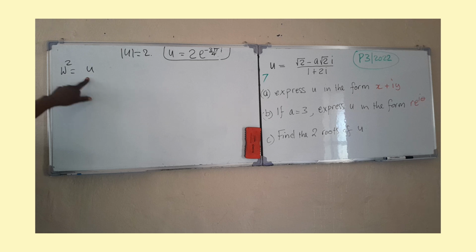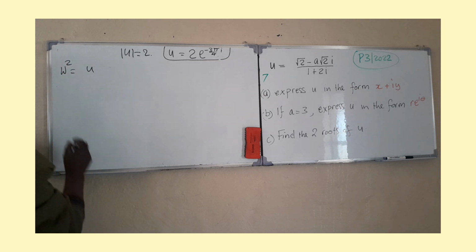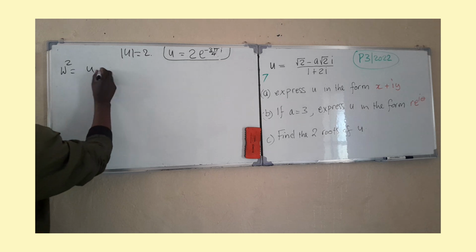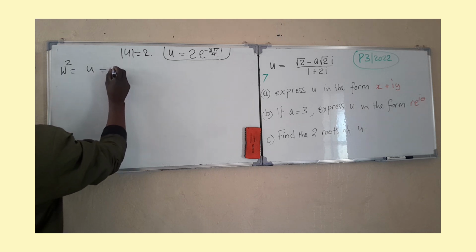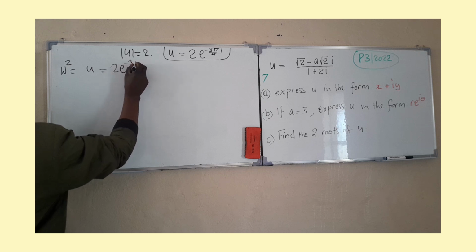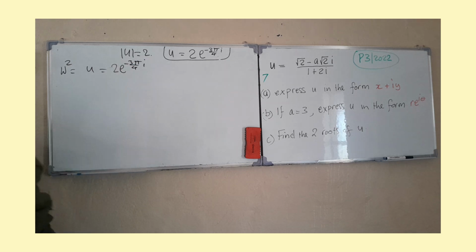Just like 4 squared is equal to 16, therefore 4 is the square root of 16. 6 squared is equal to 36, therefore 6 is the square root of 36. So we know our u is equal to 2e to the power minus 3 pi over 4 i.